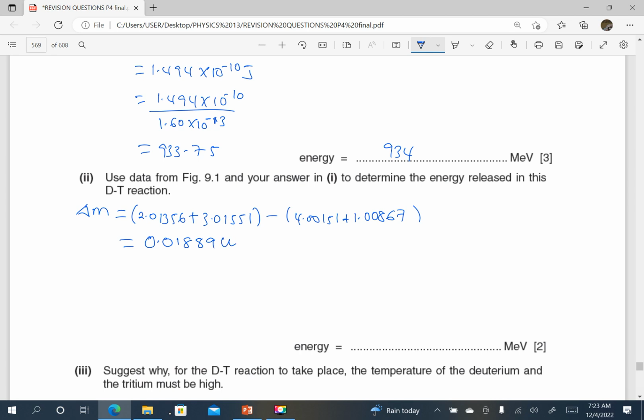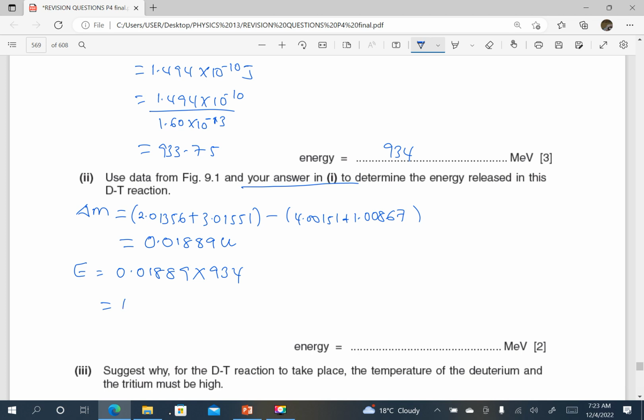But they said we should use our answer in Roman 1 to determine the energy. So the energy equivalent is simply going to be 0.01889 times, since 1 U is 934 mega electron volts, so I'll just multiply this by 934 to get the answer in mega electron volts. 0.01889 times 934.